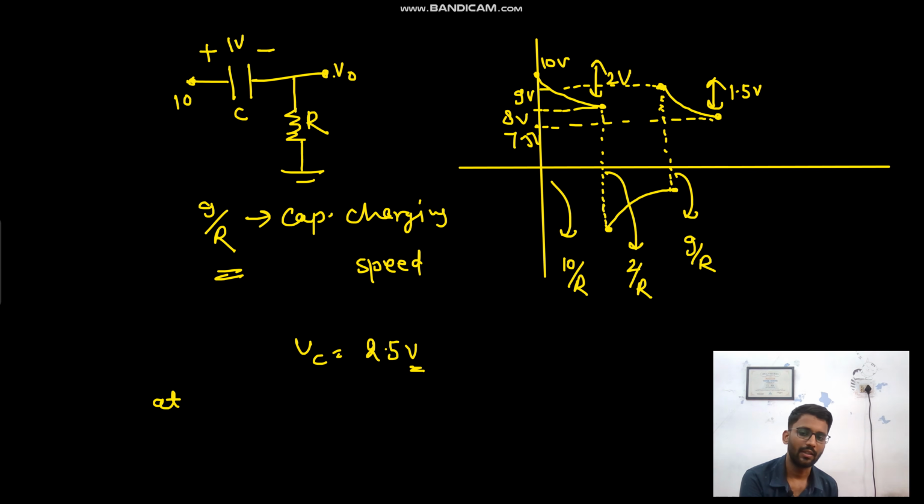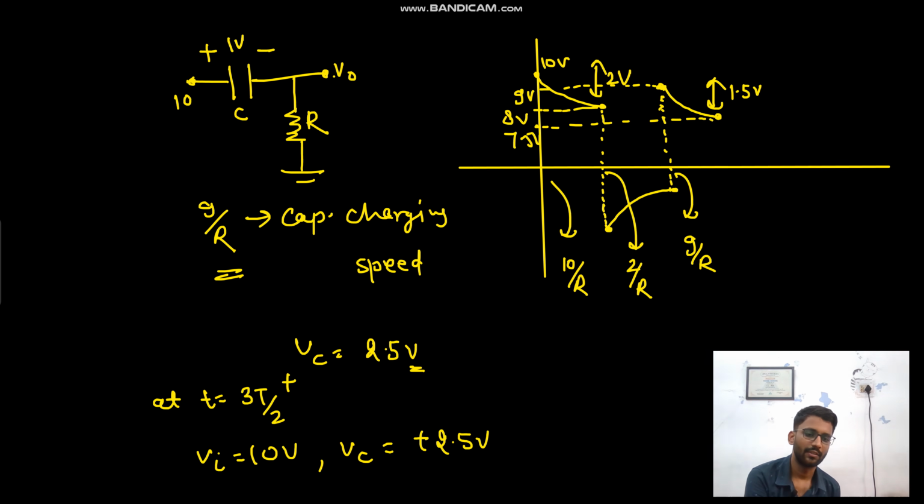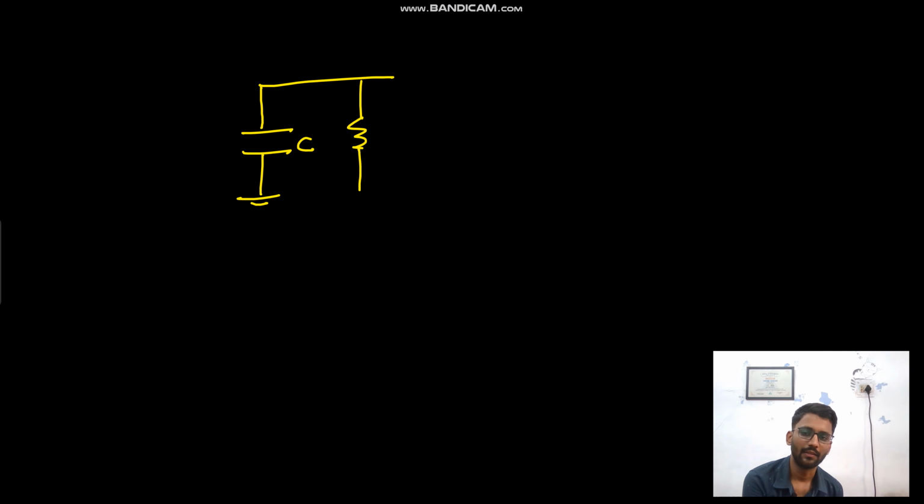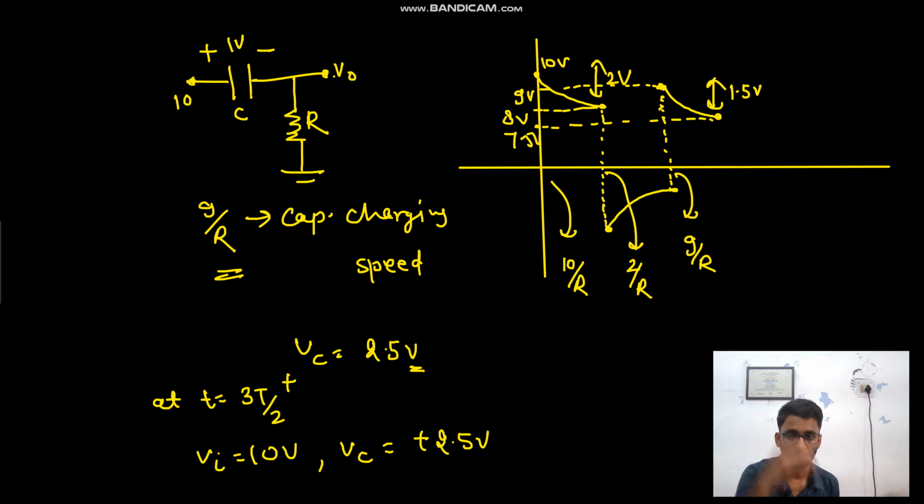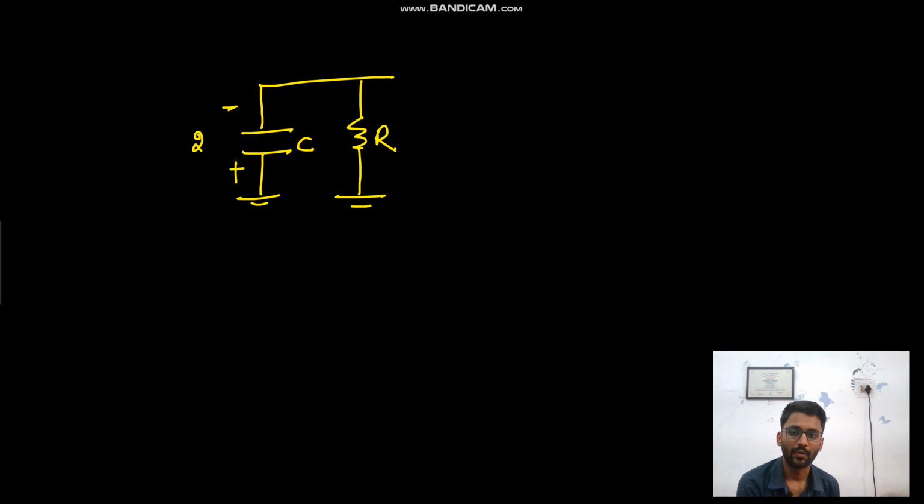So now at t equals to 3T by 2 plus, your Vin is 10 volt, your Vc is plus 2.5 volt. So now the circuit is something like this. This is the capacitor C. This is resistor R. This is 2.5 volt. And this is V naught.